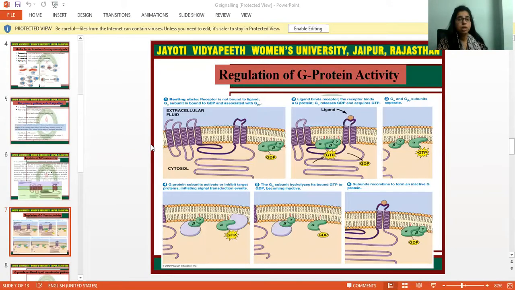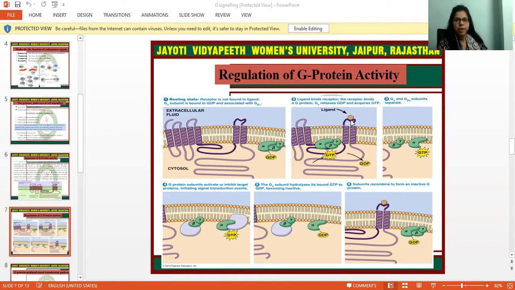Here you can understand G protein mediated signaling by this flow diagram and sequential explanation. When the G protein is in the resting stage, it has three subunits, alpha, beta, gamma, and alpha is bound to a GDP molecule. This is the complete structure, and it is inactive.